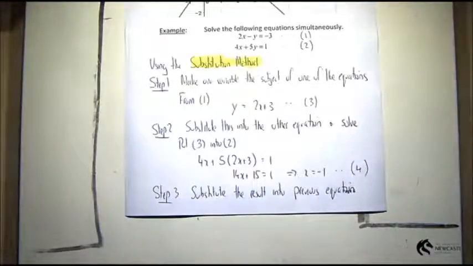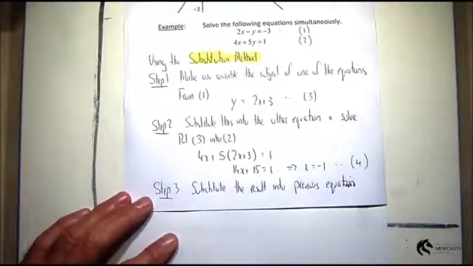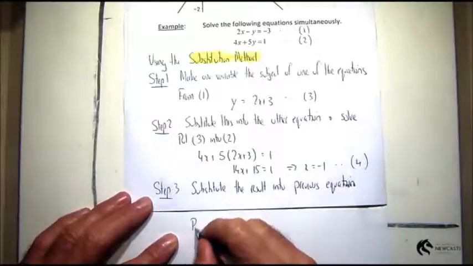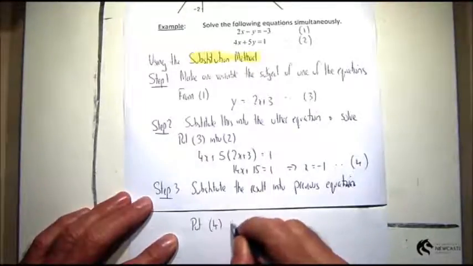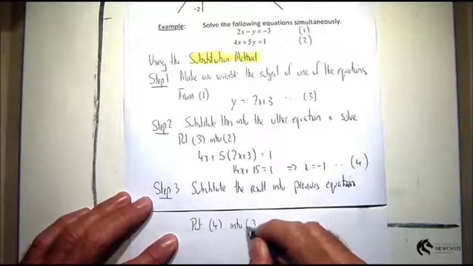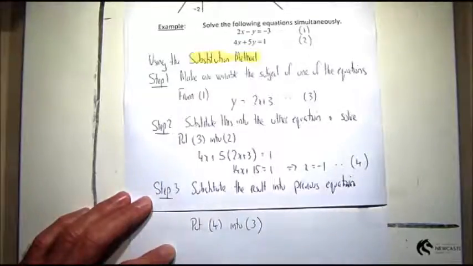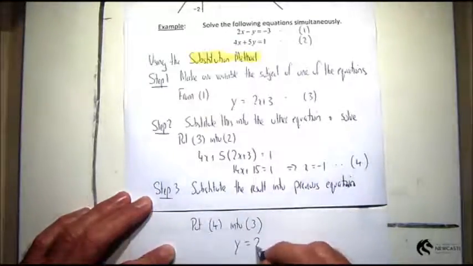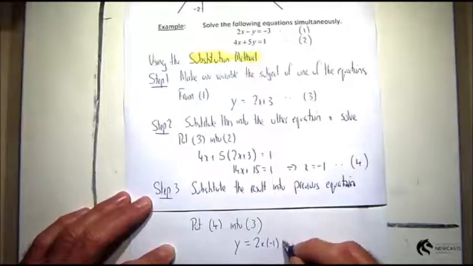So let me grab a spare piece of paper here. I'm going to put equation 4 into equation 3. And I will have y is equal to 2 times minus 1 plus 3.